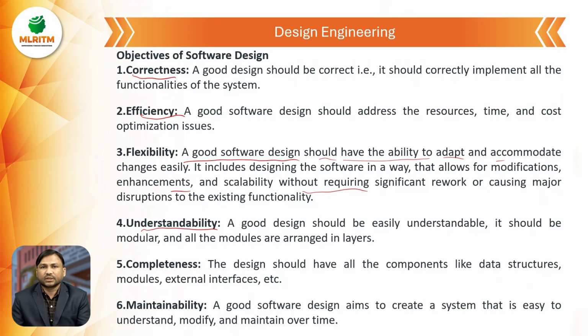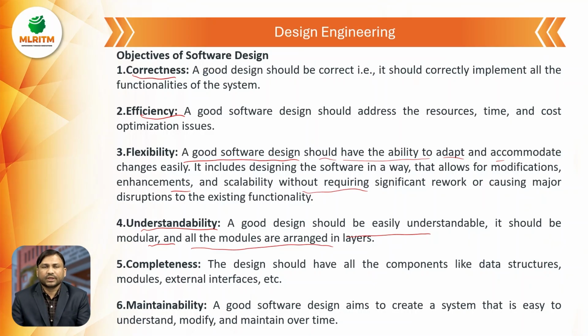Understandability: whatever the design, it should be clearly understood, which will be helpful for the other teams who may go for implementation and coding. It should be easily understandable, it should be modular, as I said, and all the modules are arranged in layers.